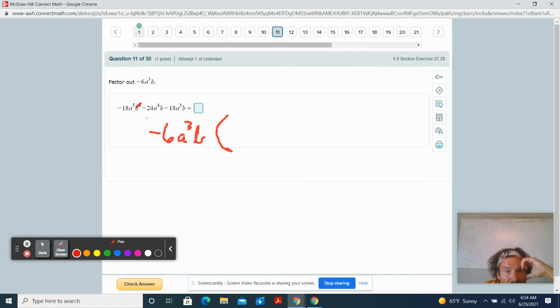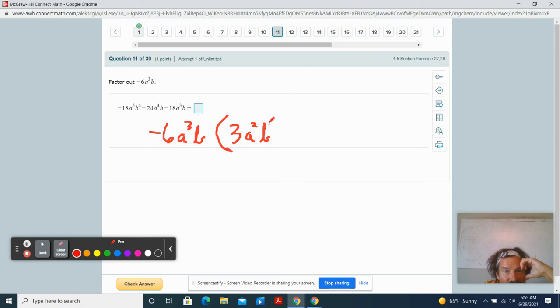Okay, so now take negative 18, divide by negative 6, you get a positive 3. A to the second power and b. So it's a to the second power times a cubed is a to the fifth, and b times b is b. No, I want b to the fourth.